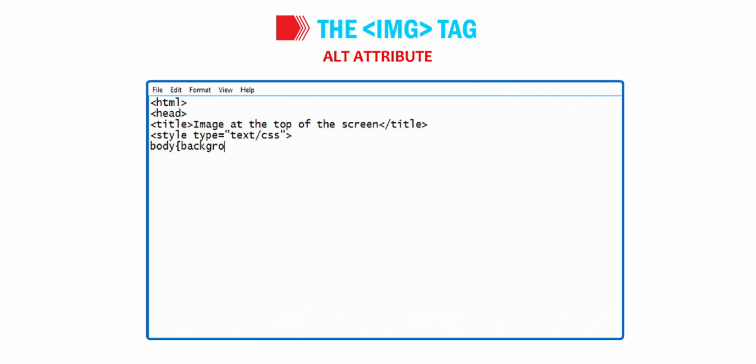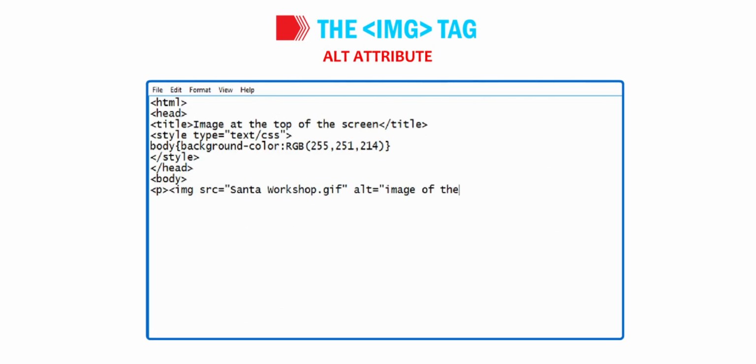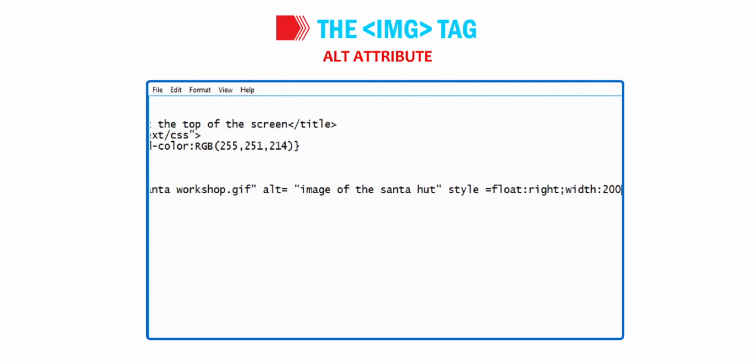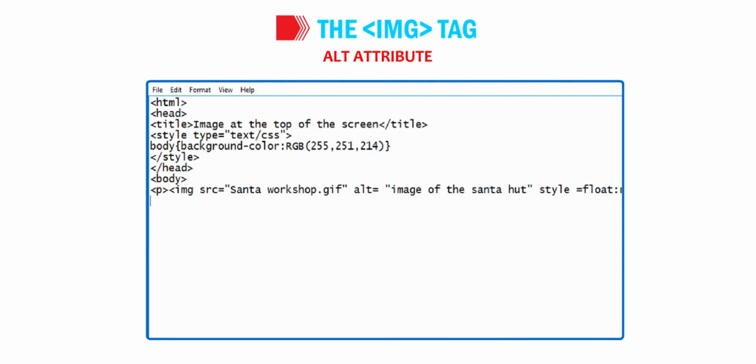Body curly braces background-color colon RGB bracket 255, 251, 214 bracket close curly braces close /style /head body P image src equals to double quote Santa workshop dot gif double quote close alt equals to double quote image of the Santa hut double quote close style equals to float colon right semicolon width colon 200 pixels semicolon height colon 150 pixels /p /body /html.